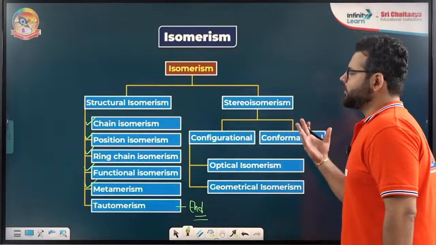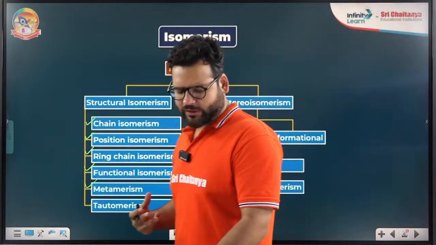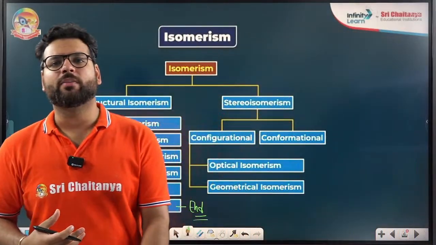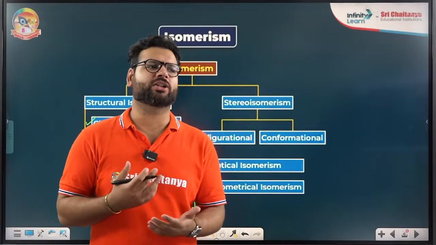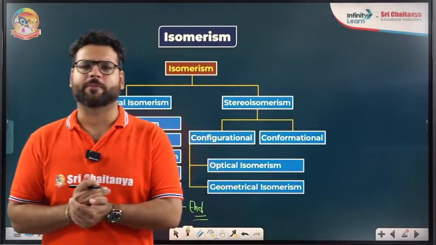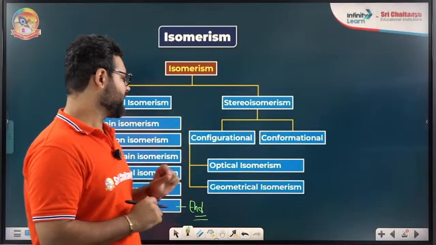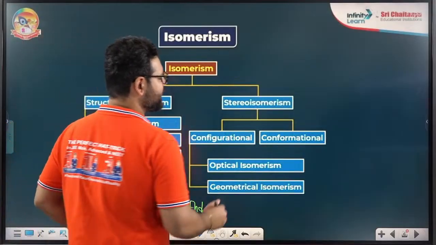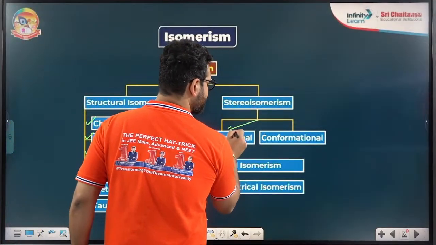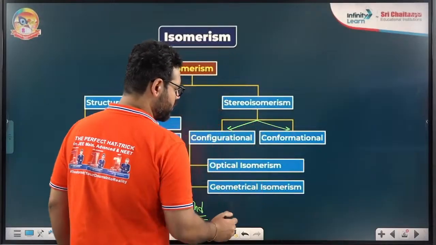When we come to stereoisomerism, stereoisomers are those which have the same molecular formula, same structure, but different spatial arrangement. Out of different spatial arrangements, there are two possible options: configurational and conformational.